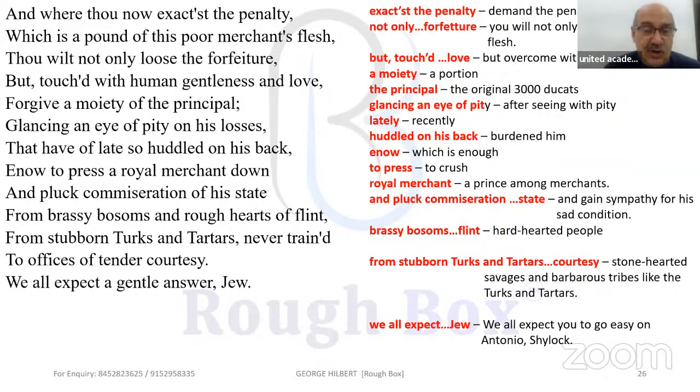But Shylock is all out for revenge. He will not give up so easily.